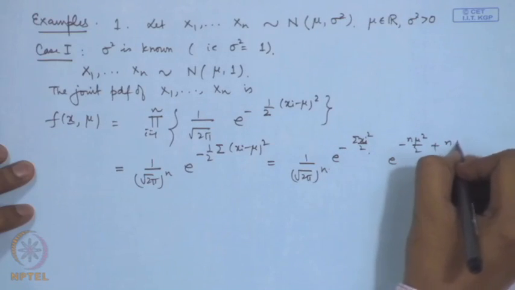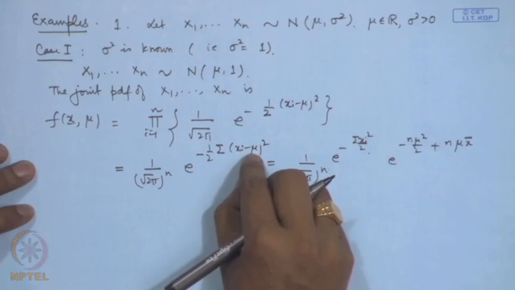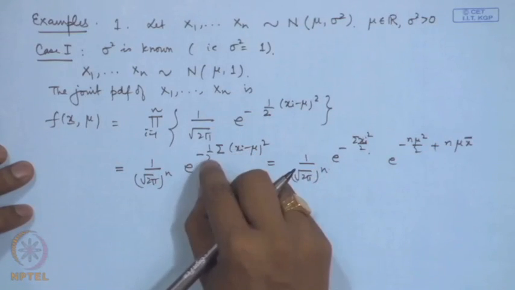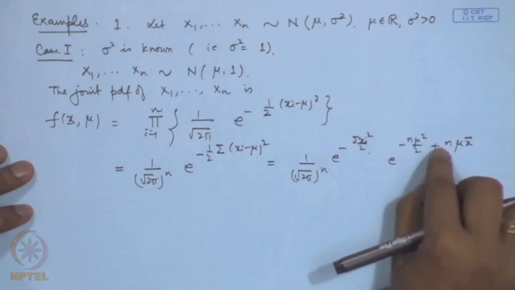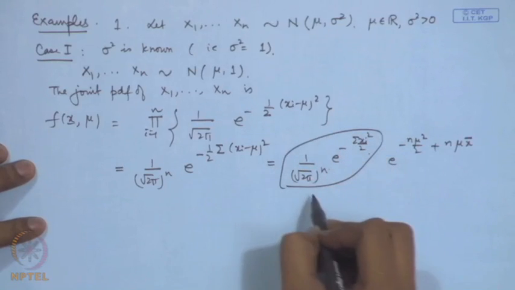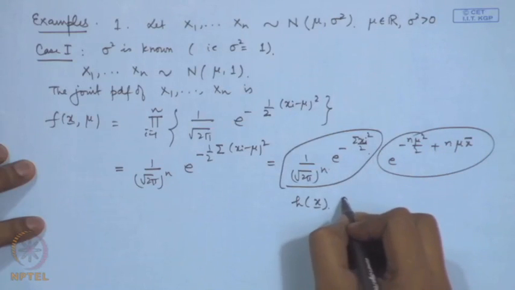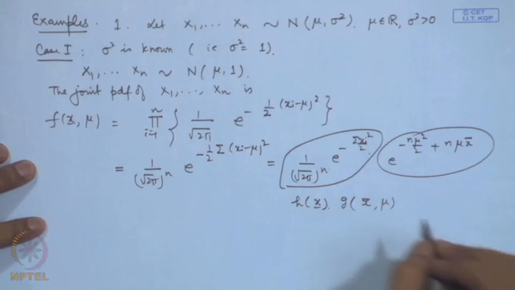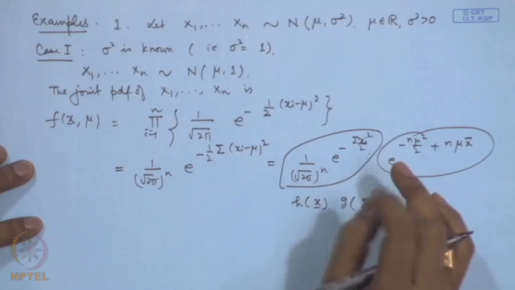n mu x bar, because here if I take the cross product term, that is twice mu xi with a minus sign, so 2 will cancel out, minus minus will become plus. So, we get mu sigma xi, that I write as n mu x bar. Now, if you write this function as h of x and this part we consider as a function of x bar and mu, then it is exactly in the form of the factorization theorem.